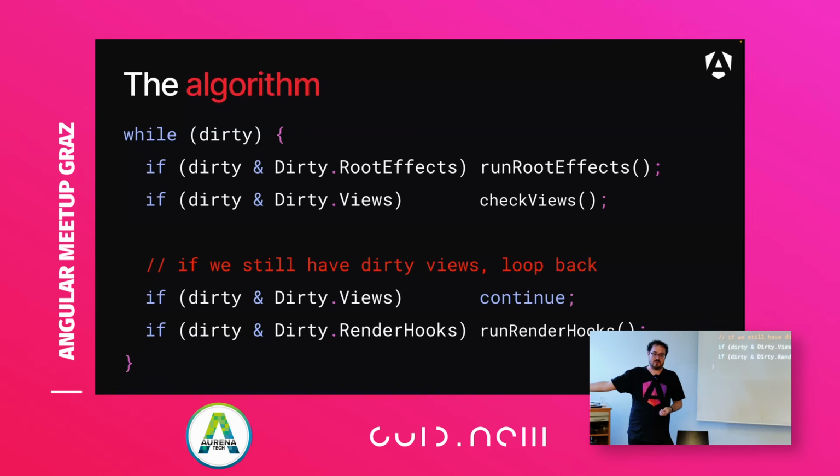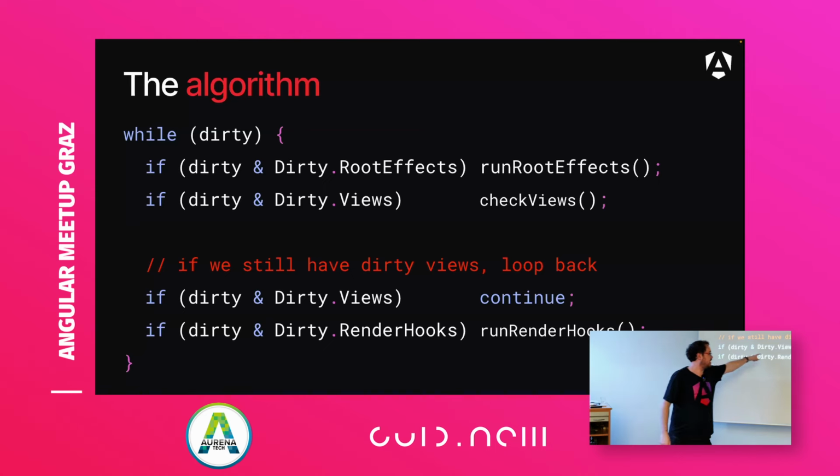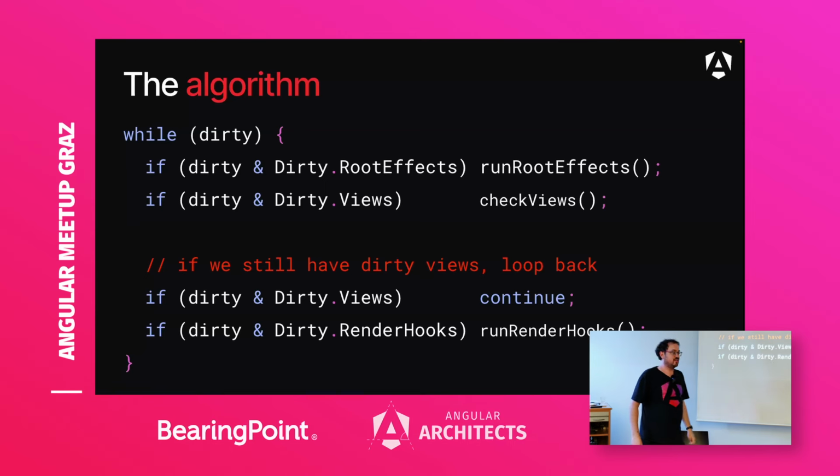But with signals, we decided, OK, we actually want to honor that set, right, the signal set, and go back and check that view, even if it was previously checked. And so that's what this continue is doing here. It's saying if we exit the view, the single pass through the tree, and something got made dirty that we previously checked, we're going to go back and make sure we run it again. And if we get all the views clean, then we can do render hooks.